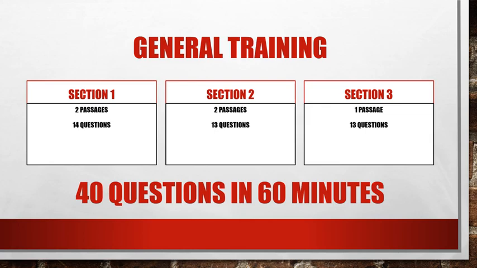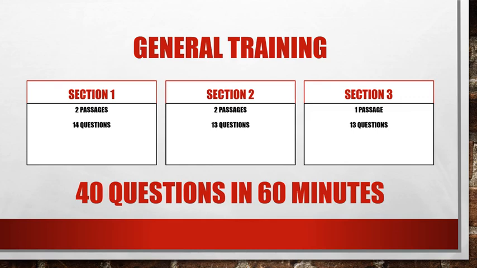And of course, the 40 questions are divided based on sections. There are 3 sections in the general IELTS reading test: Section 1, Section 2, Section 3. For Section 1, you have 14 questions. Section 2, you have 13 questions. And Section 3, you have 13 questions.